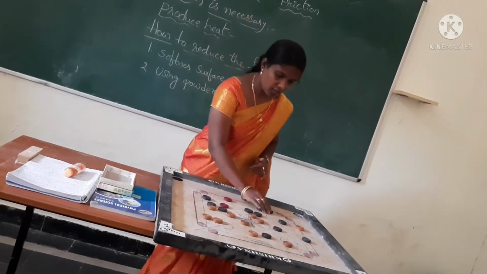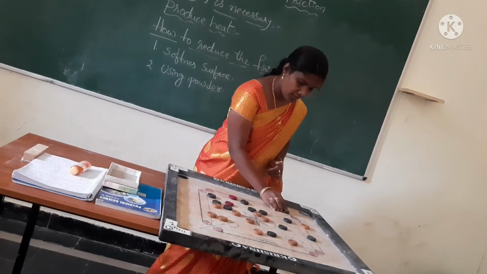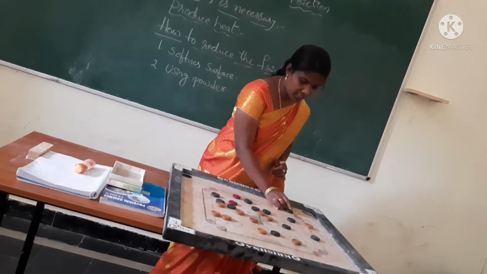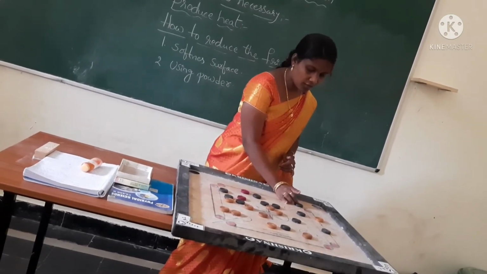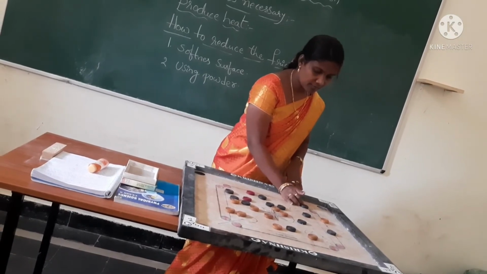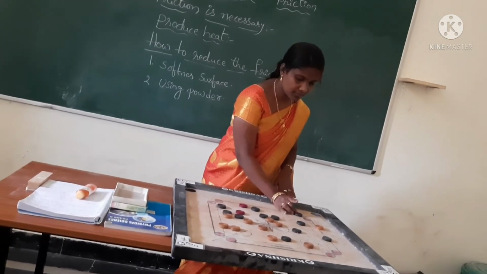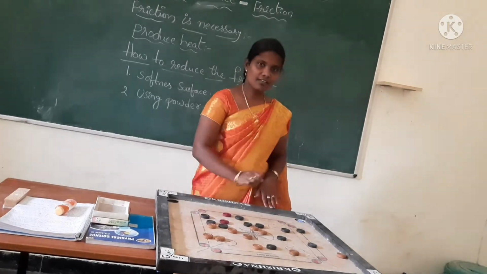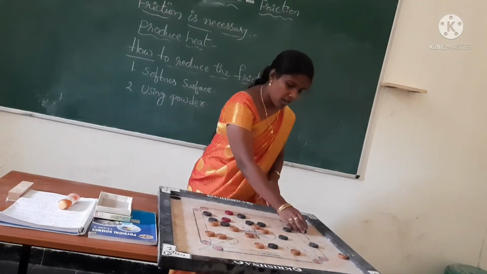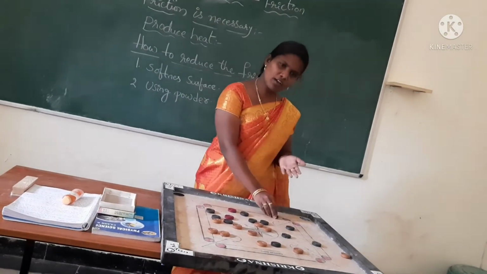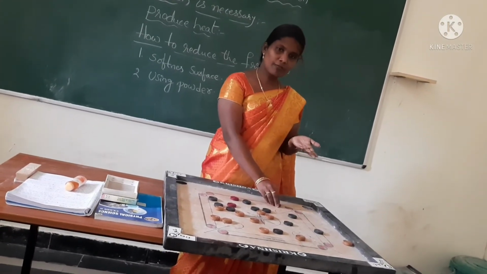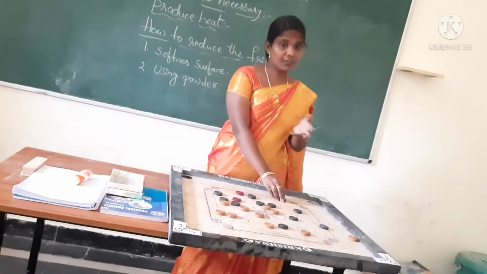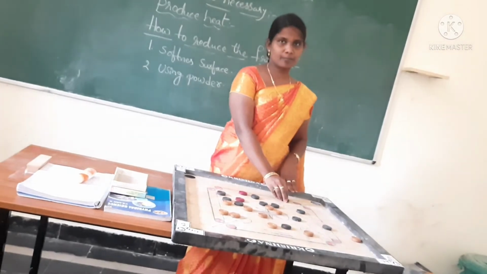All of you see, I hit the coins with the striker. Observe very clearly. I hit the coins. What do you observe? The coins are not moving freely in the specific direction that I am expecting.